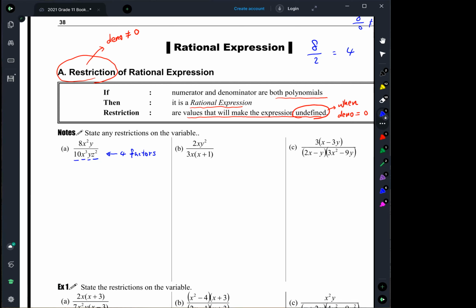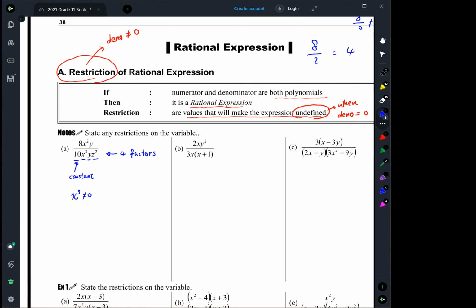For the first one, the 10. 10 is a constant. Constant means it will always stay at 10 and will never become 0, so we'll ignore that part. The next part is the x cubed. I need to make sure the x cubed cannot be 0.